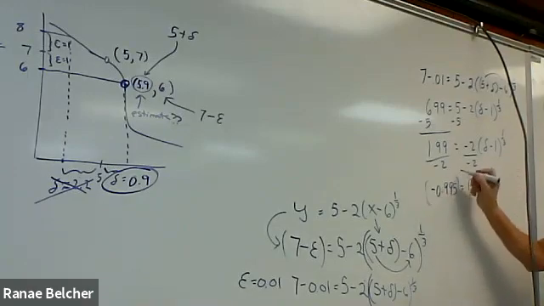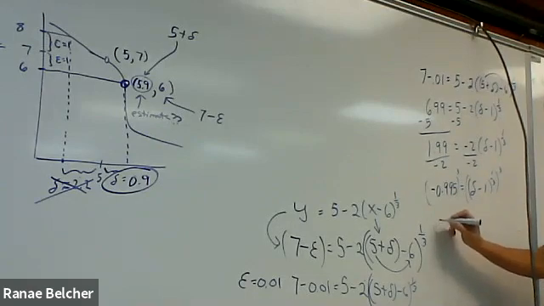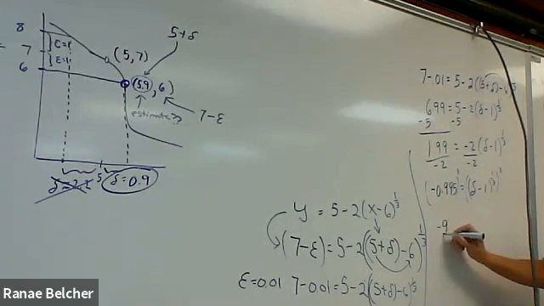I want to cube everything, and it stays negative, 0.985.